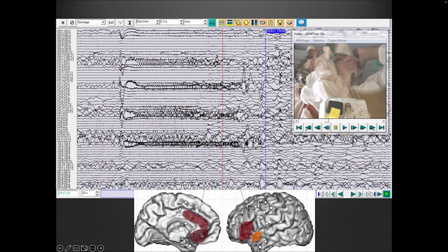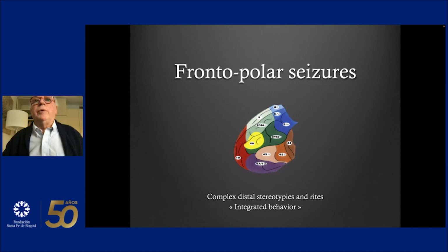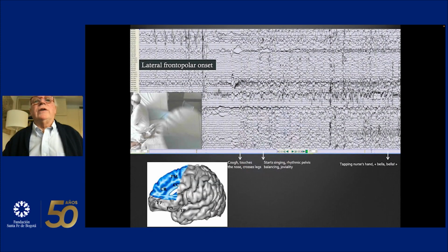So we can just see that it's all the medial cortex that was involved from an onset from the lateral ventral area of the prefrontal cortex. And now the frontal polar seizures, that was the lady who was singing I showed you, so I will not replay the seizure, but just to remind you that it was perfectly one of the best examples of an integrated behavior.